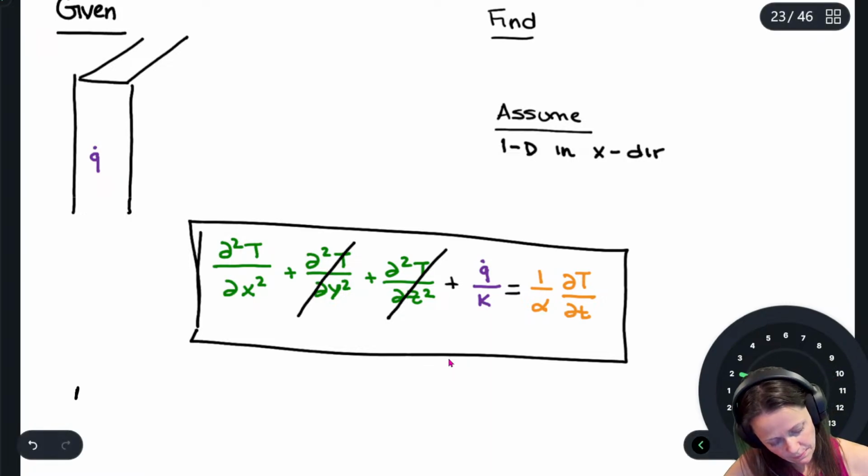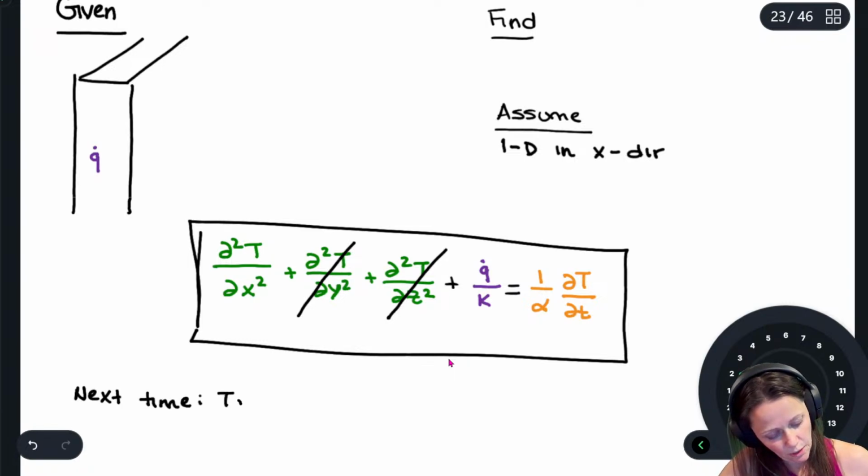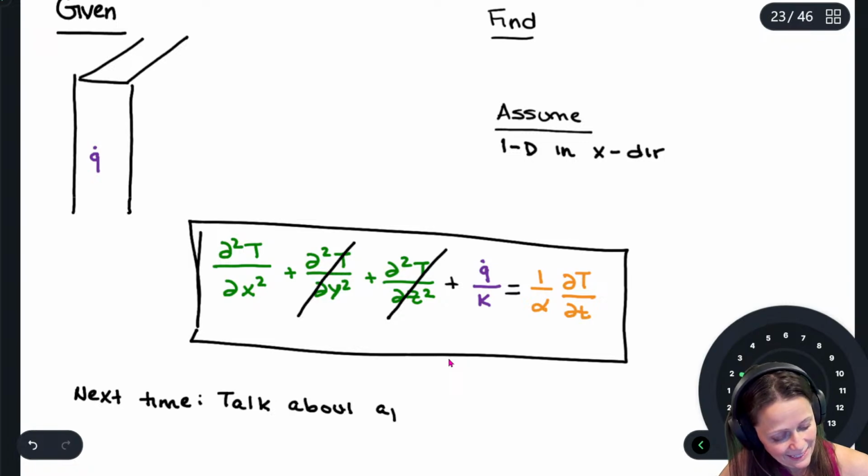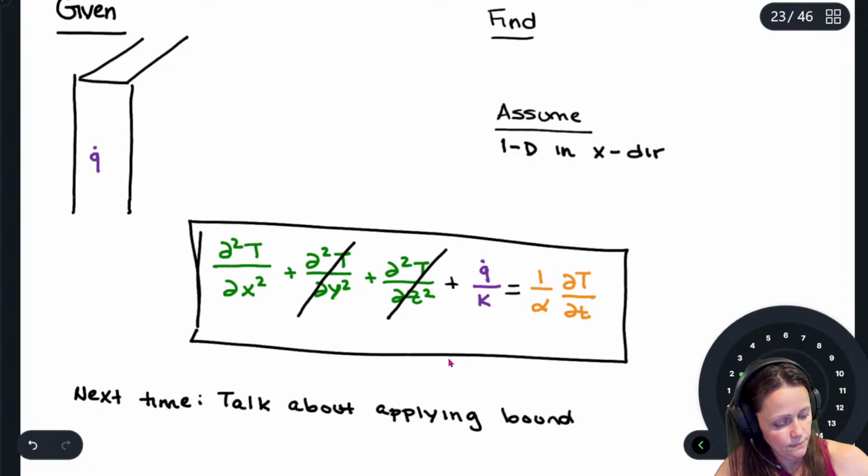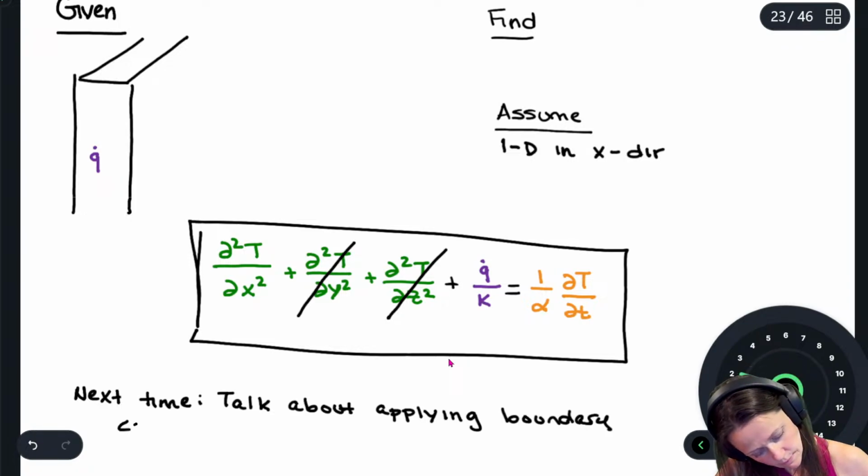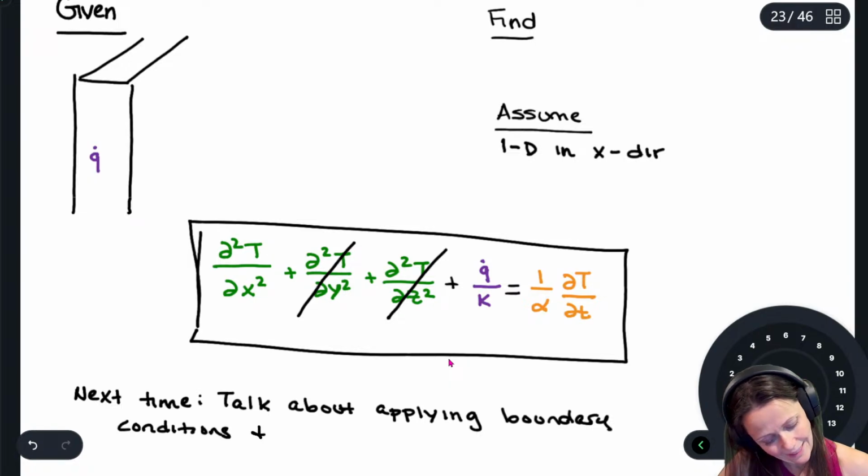So next time, we'll talk about applying boundary conditions and actually solving the heat diffusion equation.